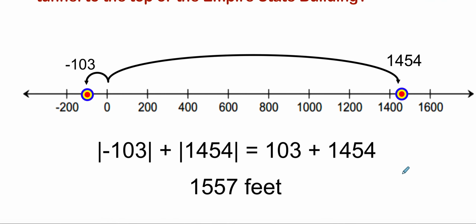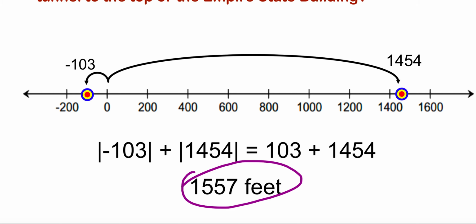So the absolute value of negative 103 plus the absolute value of 1,454 is equal to 103, since the absolute value of negative 103 is positive 103, plus 1,454, and the sum, the distance, is 1,557 feet. So this is the final answer.